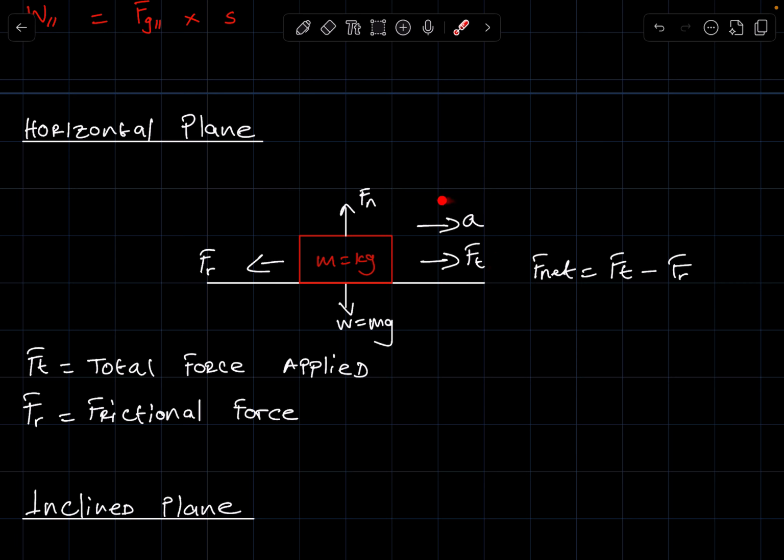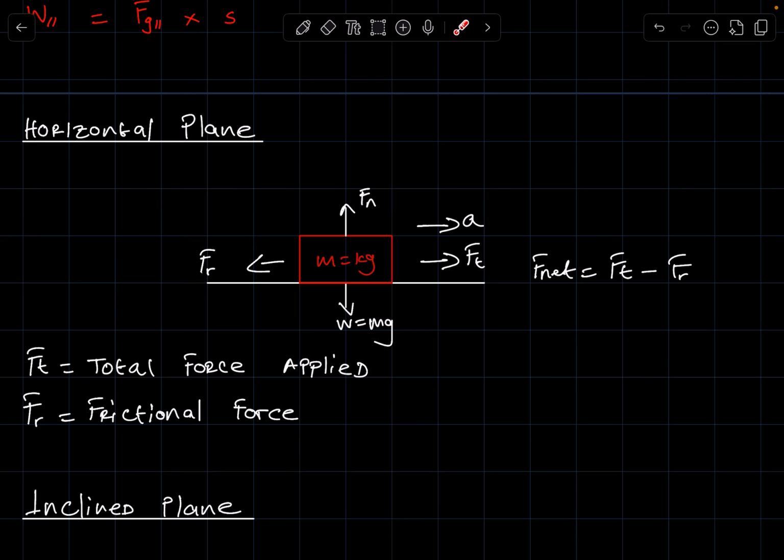Hence, the direction of acceleration is the same as the direction of the force being applied. And then, of course, friction always opposes motion. Hence, if the object is headed in that direction, the frictional force will be in this direction.